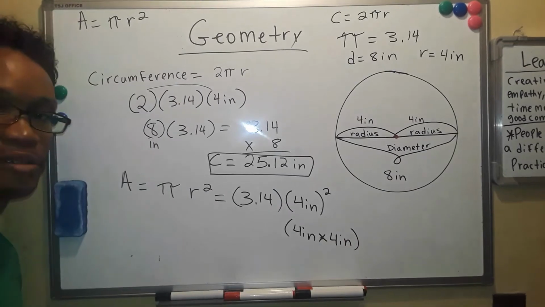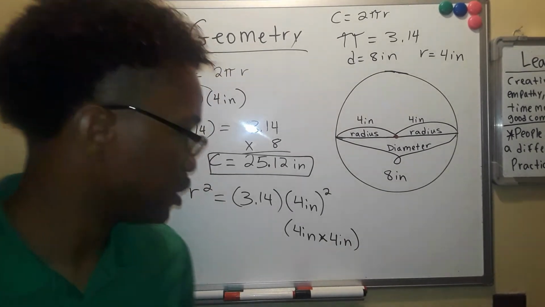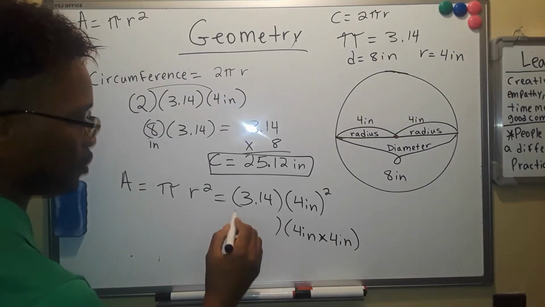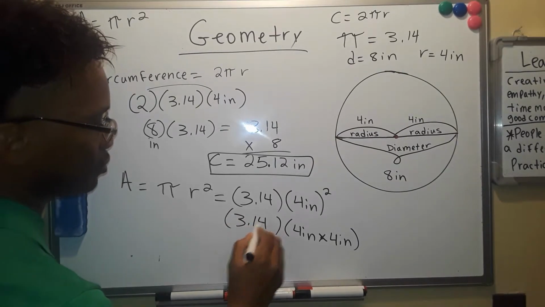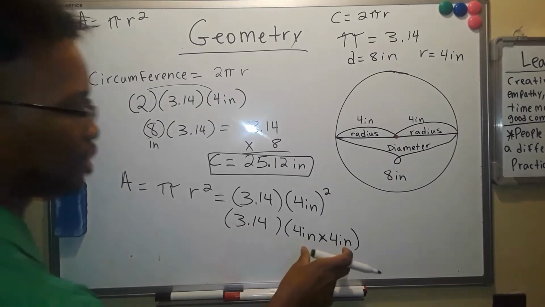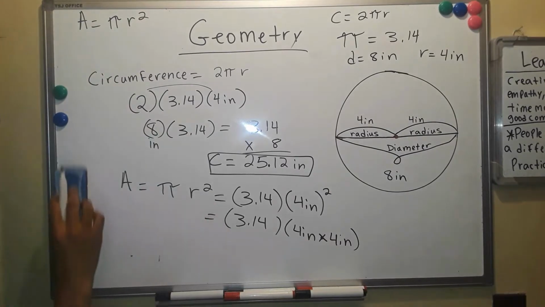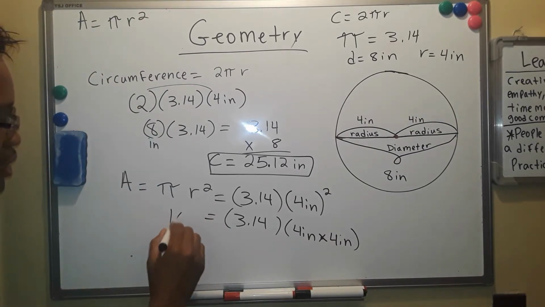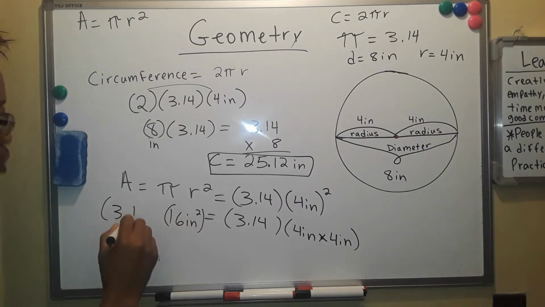We want to keep it simple and real here. Times 3.14. So we know that 4 times 4 is basically 16 inches squared times the 3.14.